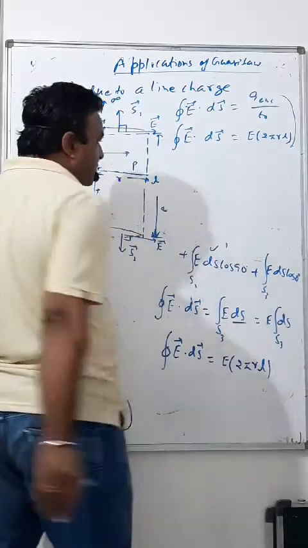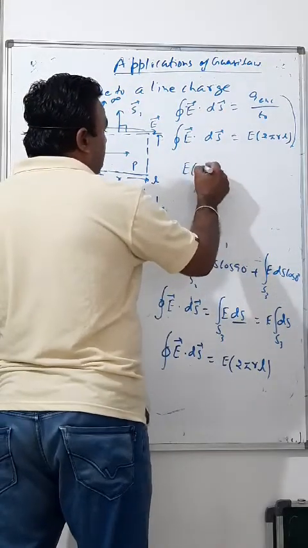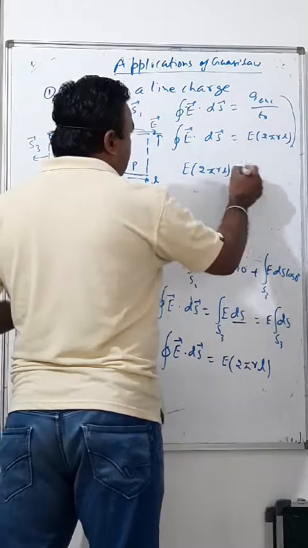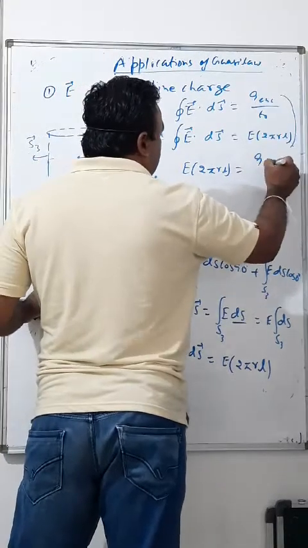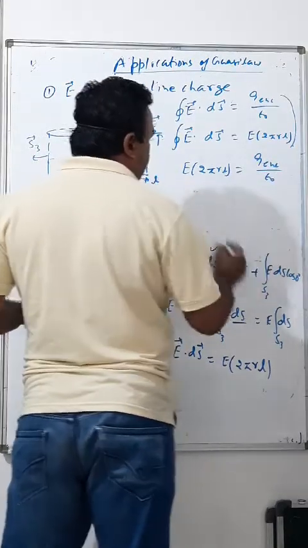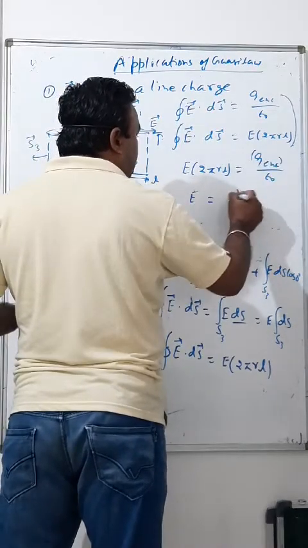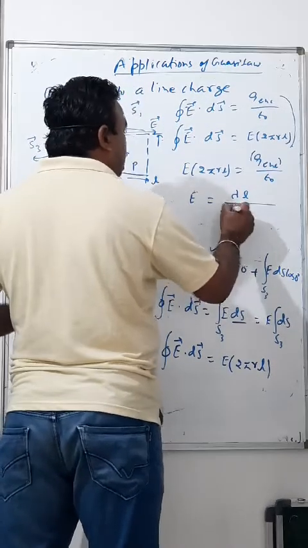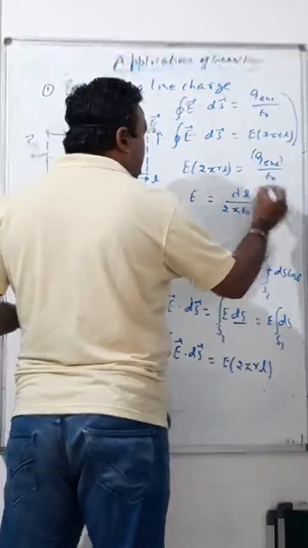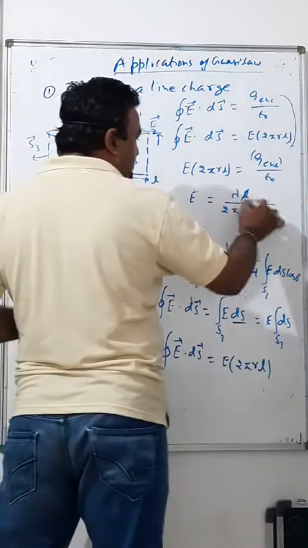Definitely these two must be equal. E into 2πrL equals Q enclosed upon epsilon naught. E equals Q enclosed, which was lambda L, upon 2π epsilon naught rL. L cancels.